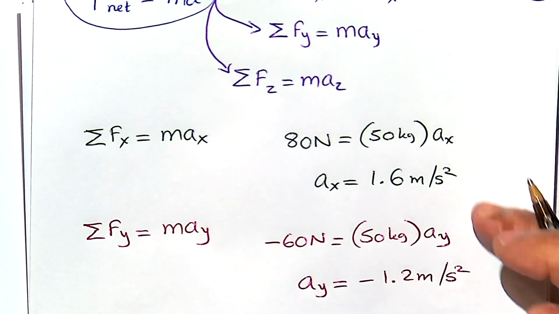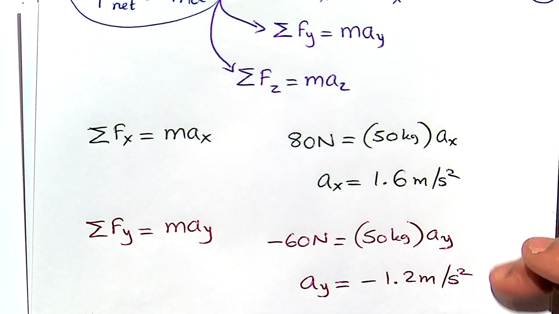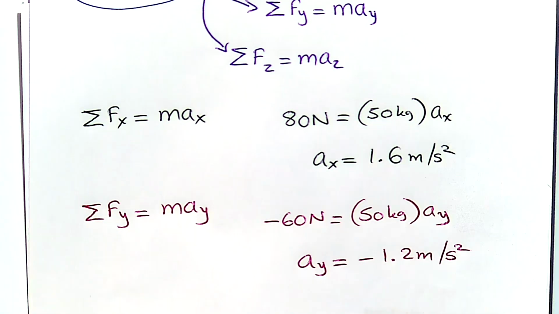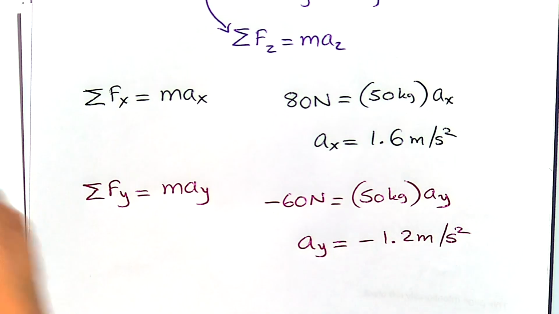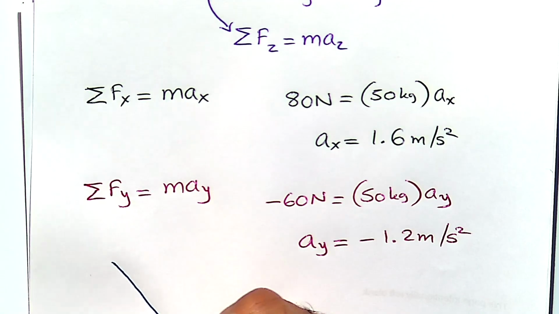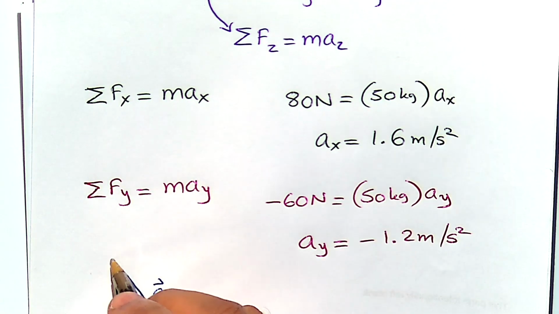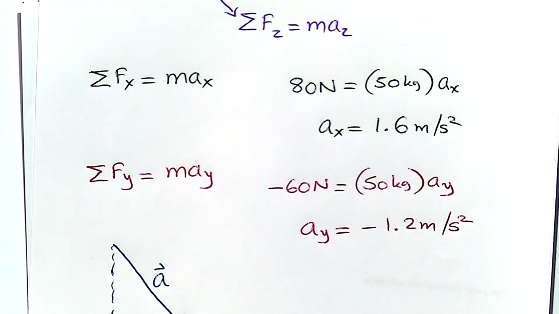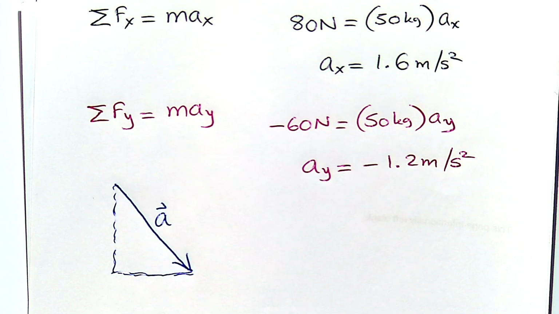So now what you have is the vector acceleration and its components, and that vector acceleration looks like that. That's your acceleration. Again, you can form a right triangle. When you're doing the components x and y, what you're doing is finding the components of the sides of a right triangle.